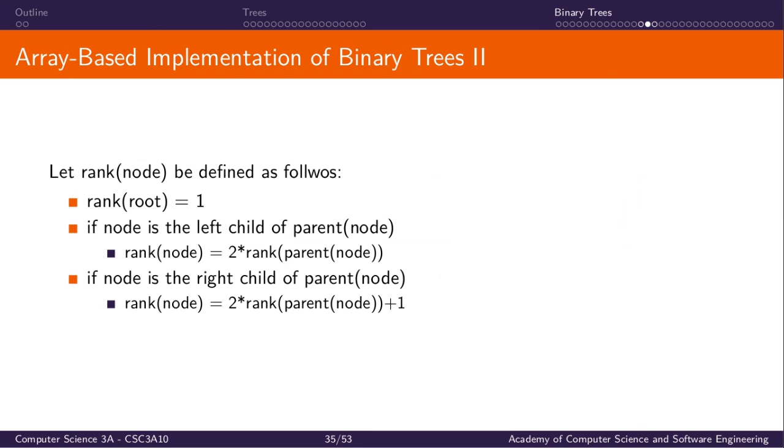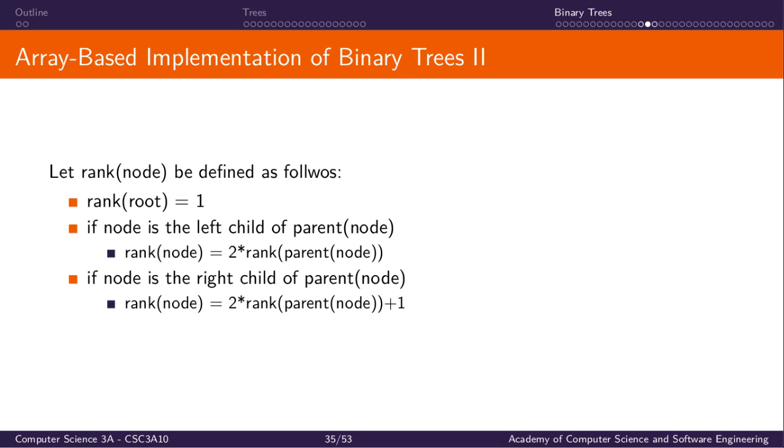So how do we do this? Well, the approaches are the same, but the old text and the new text simply use two different calculations for this, though they are quite equivalent. The idea is that we'll always put the root at index 1. So whatever our root is going to be, we're going to store that at index 1 in our array.